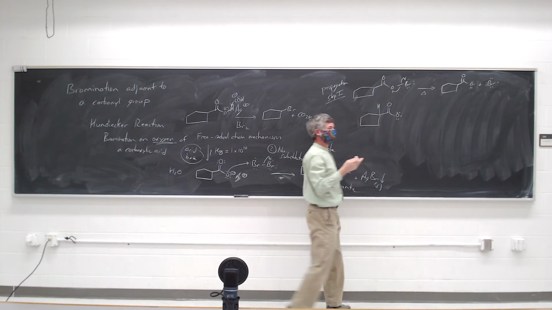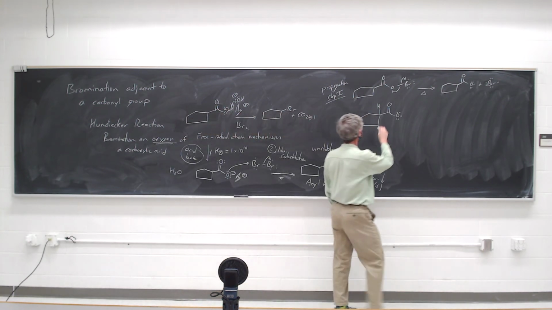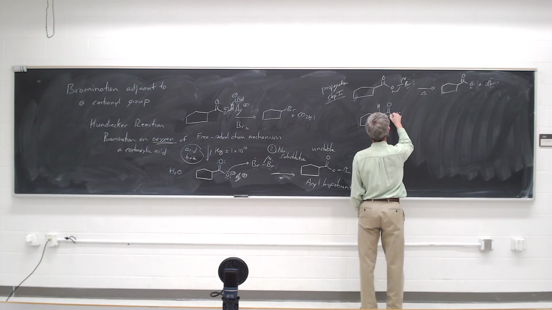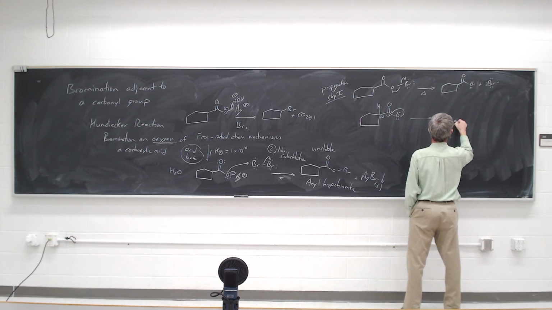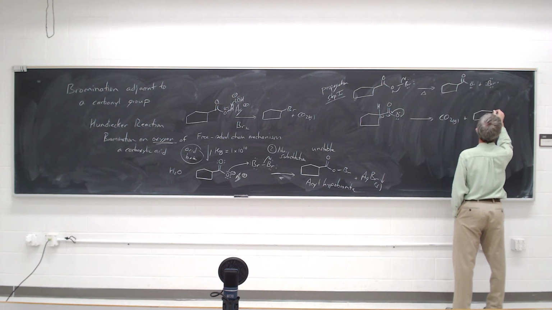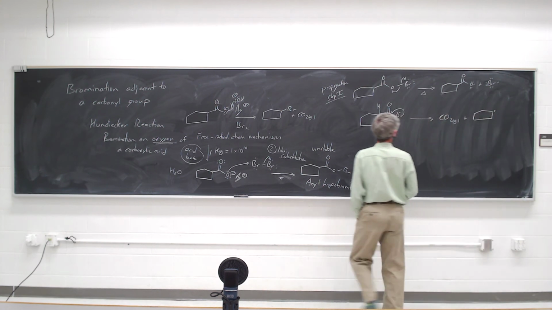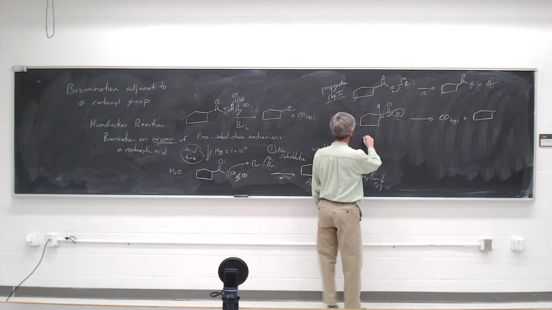And once you have that, it will start thinking about becoming CO2. So what we'll then do is break this carbon-carbon bond, to form CO2 gas and an alkyl radical. And the alkyl radical will now react with bromine.